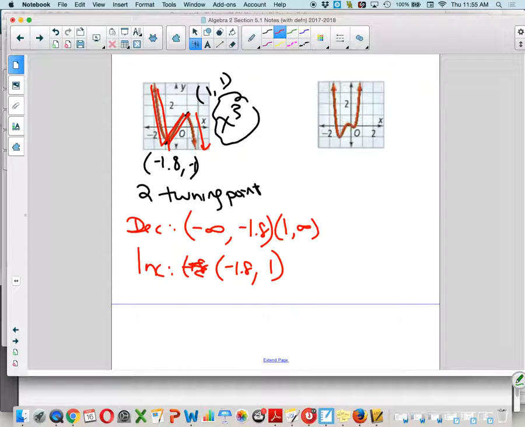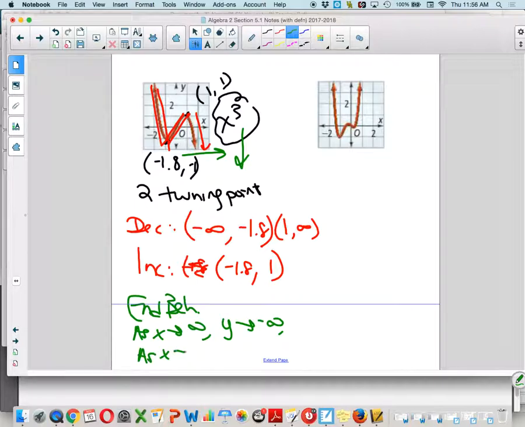Now we're going to talk about end behavior on this. So we say as x approaches infinity, meaning as I go out this way, what are my y values doing? They're going towards negative infinity. And as x approaches negative infinity, y approaches, notice, they're going up to infinity.